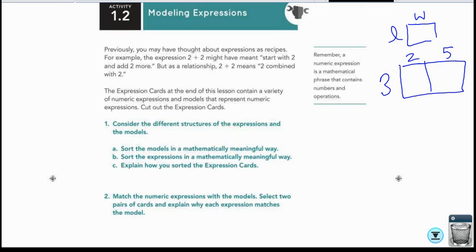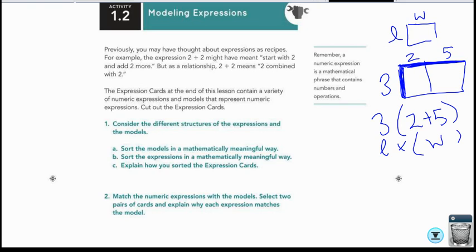I could write this as 3 times 7, or I could write it as 3 times parentheses 2 plus 5. Notice the length is still 2 plus 5, and the width is still 3. And so I have length times width. The width happens to be 2 things added together.